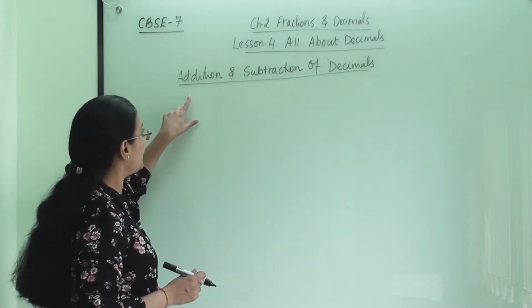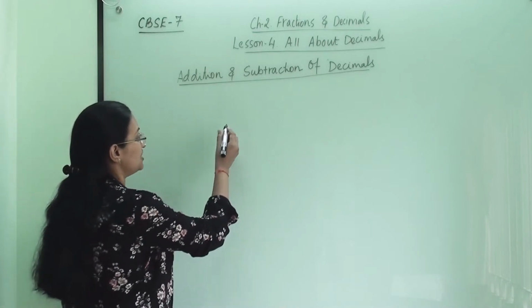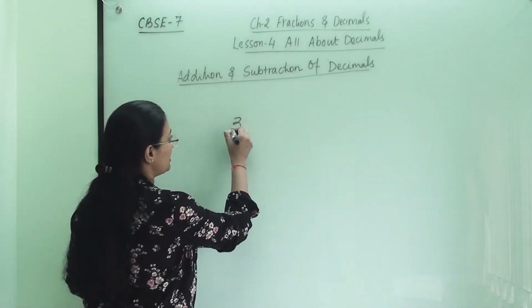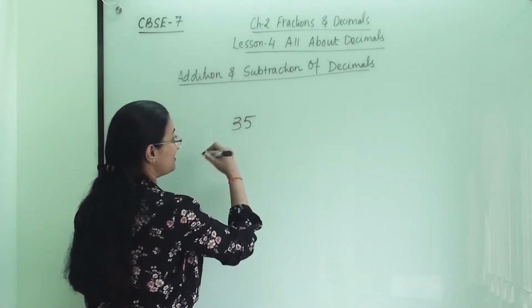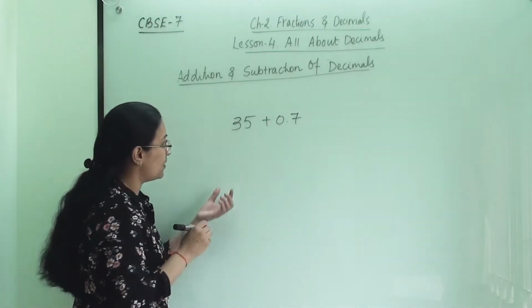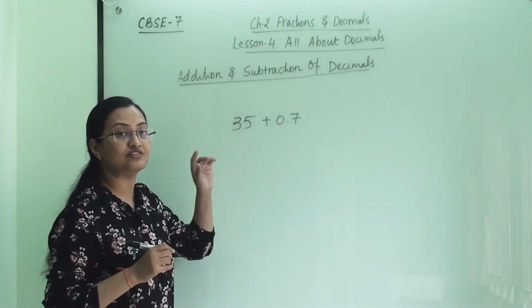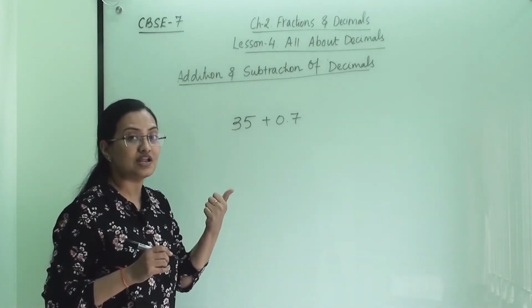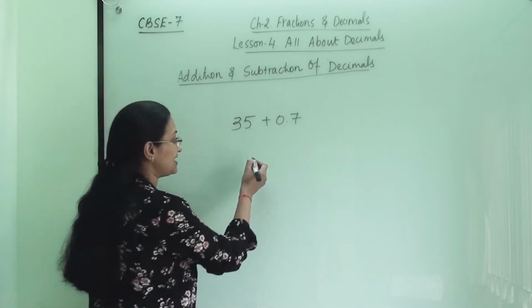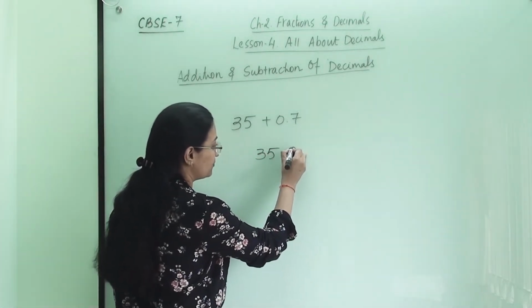When we are talking about addition and subtraction, the first point we need to understand is this: when we have 35 and we have to add it to 0.7, 35 is a whole number. There is no decimal point in it, so we can consider it as 35.0.